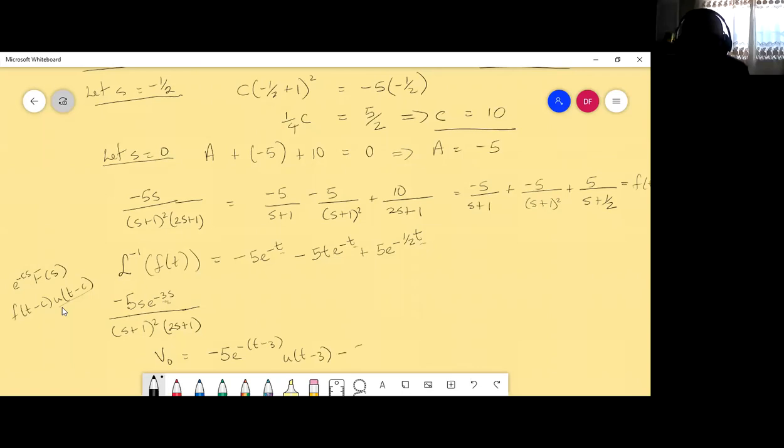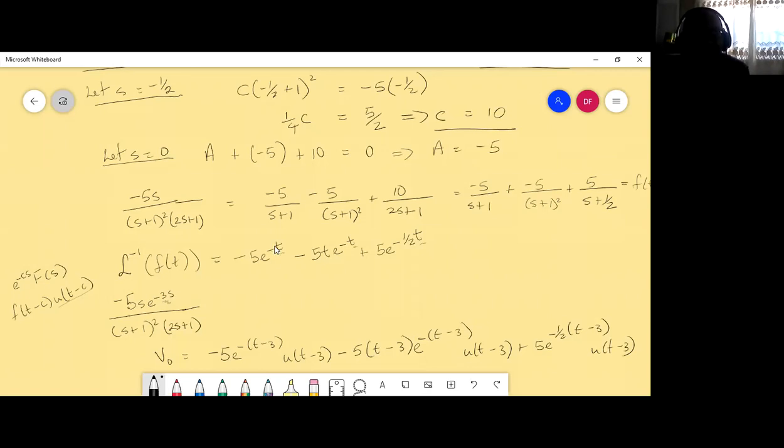minus 5 t minus 3 e to the minus t minus 3 u of t minus 3 plus 5 e to the minus a half t minus 3 u of t minus 3, which basically is another way of saying that t starts at 3.